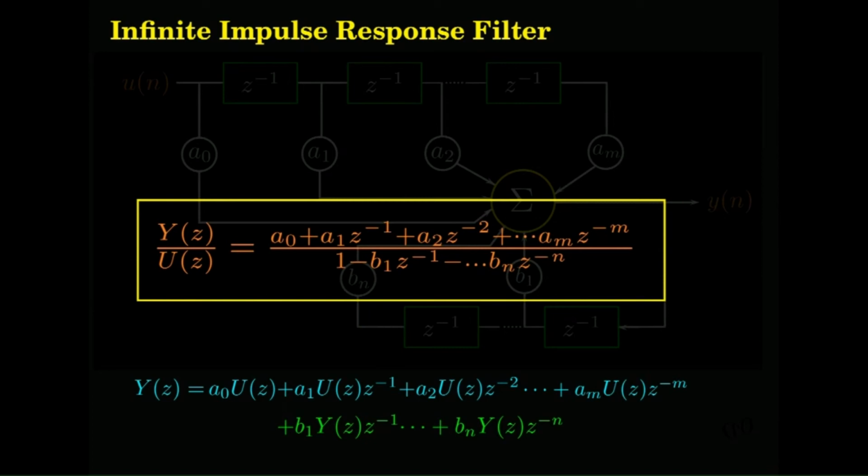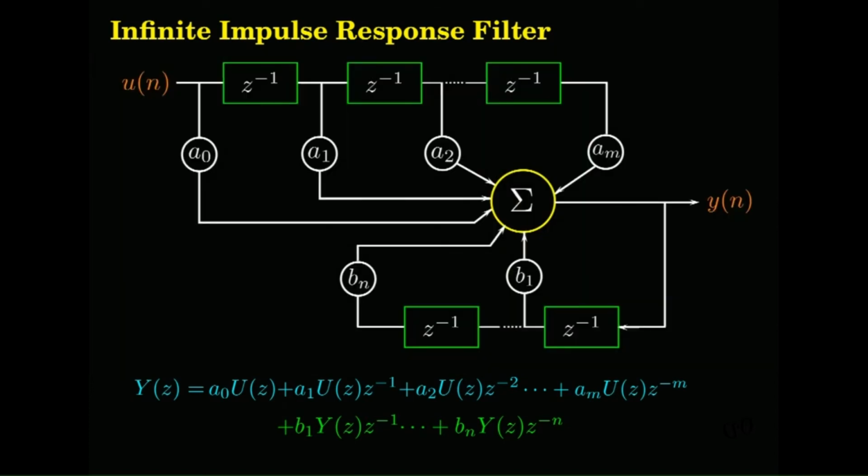I'll ask a question here. See, you see this. Now let us say m is 3, n is 3. What is the order of the filter?